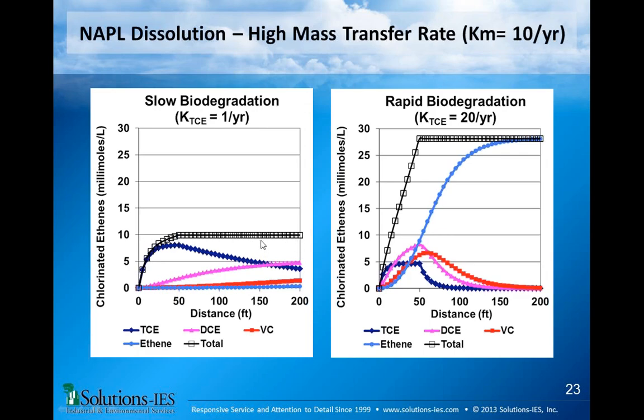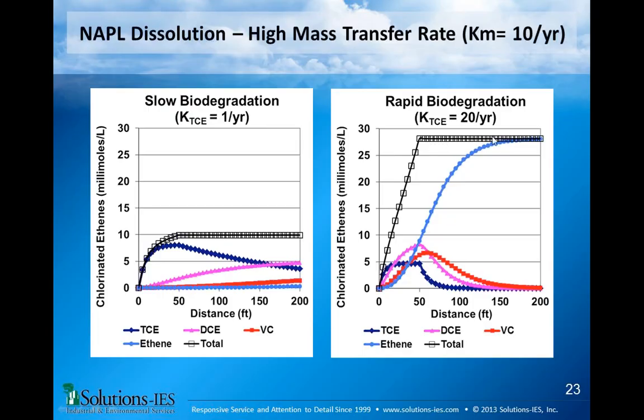So while it's still dissolving, it's also degrading. Whereas at 50 feet we're up at 8 millimolar, here at about 25 feet we plateau out at 5.5 or 6. So we're undersaturated with TCE.